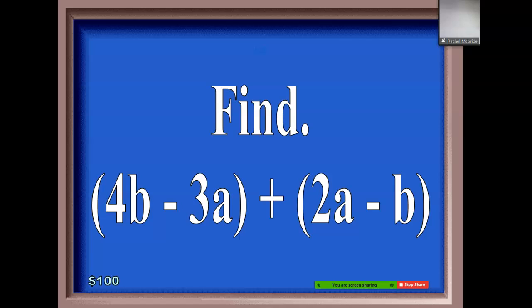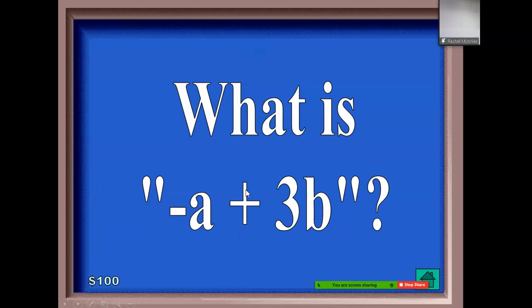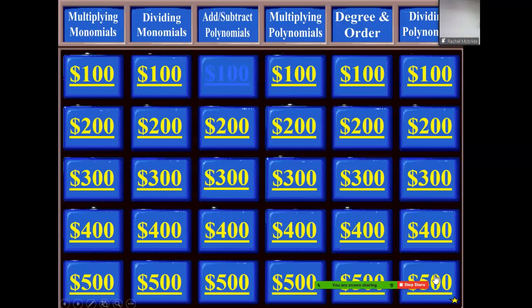That is correct. What is negative a plus 3b? All right, category and points go to Kayla.